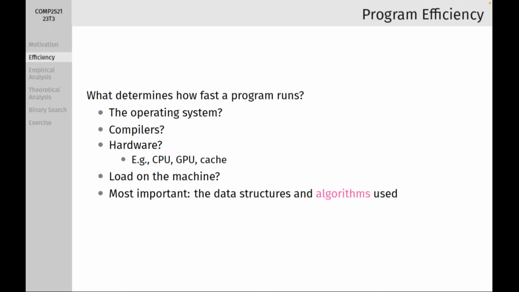If there are lots of users on the machine at the same time, which is what the CSE servers would be like close to an assignment due date, then the program might run a little slower. But by far the most important determiner is the data structures and algorithms that you use, right? So we'll focus on analyzing algorithms in this lecture.